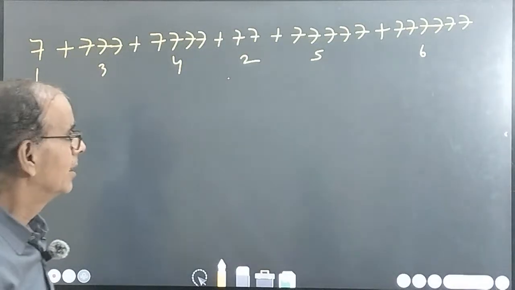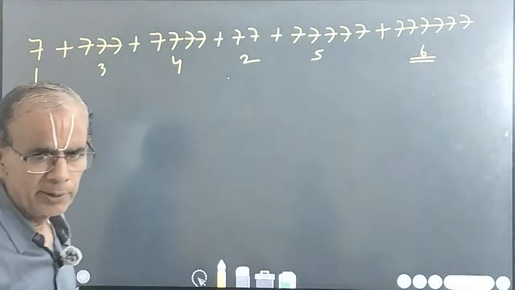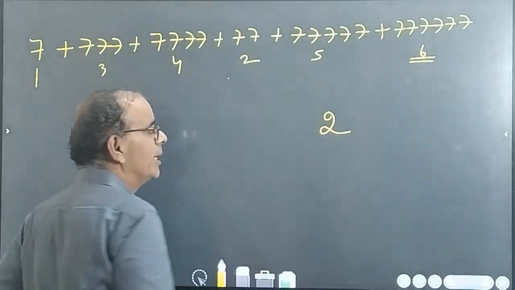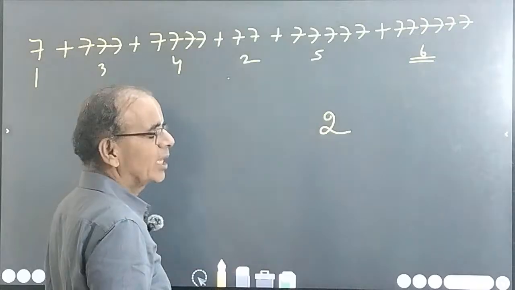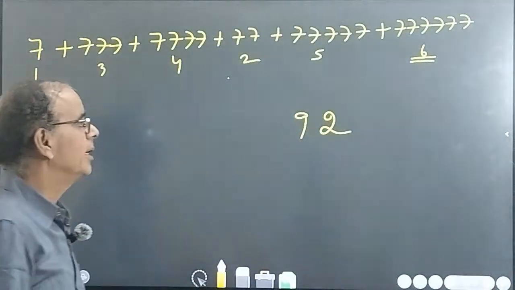Then you take the highest number. Go on, reduce. 6 into 7, 42. Carry over 4. 5 into 7, 35. 35 plus 4, 39.